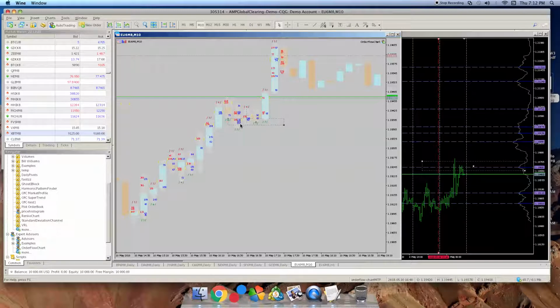We have 3 different price levels of aggressive buyers, and the price went up. It was marked up. So when the price comes down and tests the same exact price levels, I expect that those buyers will start buying again, and that will be a potential buy trade setup. It works in that way, and we have to look for real-time buyers and sellers, and especially those clusters.